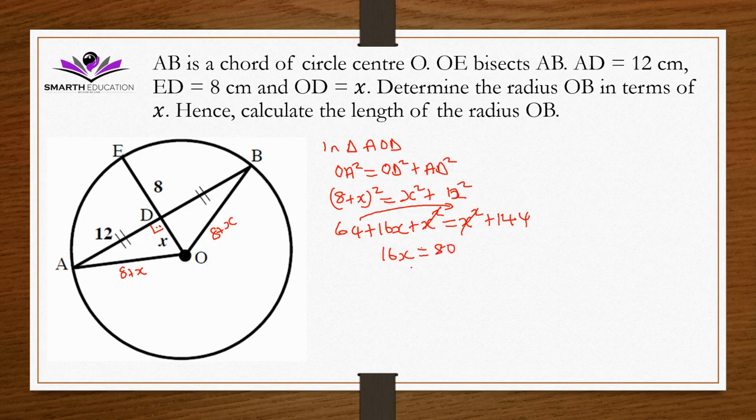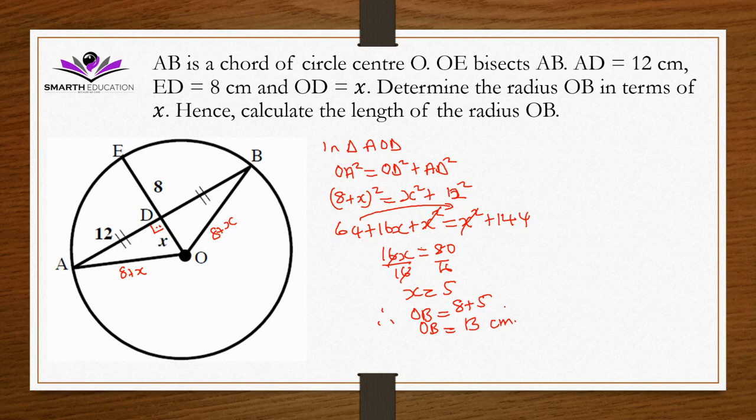See that this one is faster, isn't it? And then divide by 16 there, divide by 16 there, we get that x is equal to 5. Therefore, OB is equal to 8 plus 5. So OB is equal to 13 centimeters.